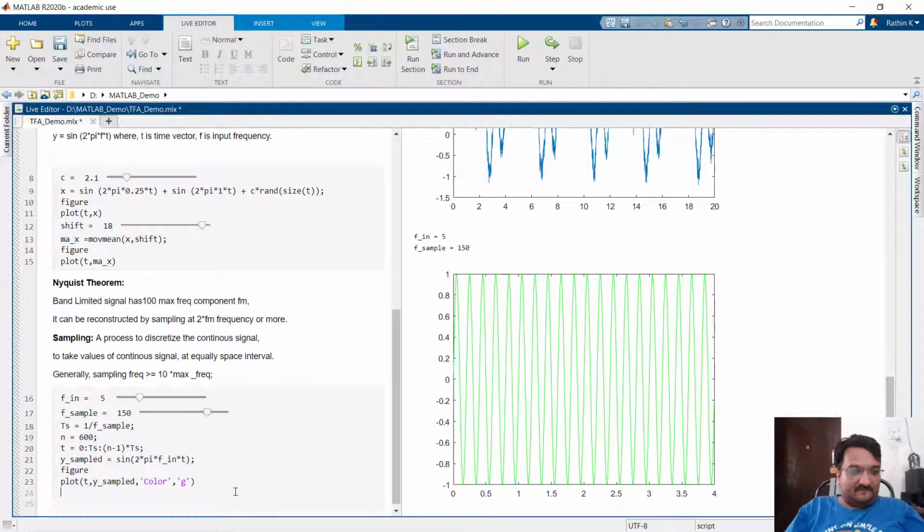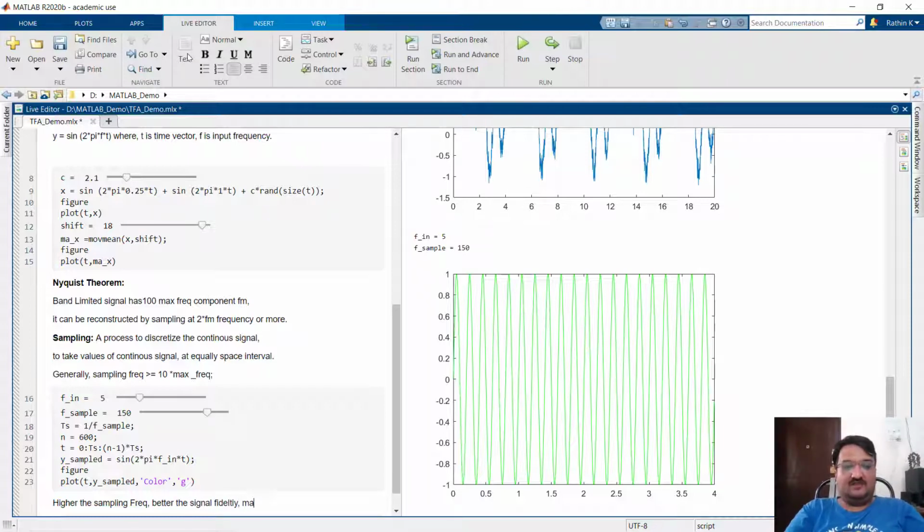So yeah, concluding what we have seen: the higher the sampling frequency, the better the signal fidelity.